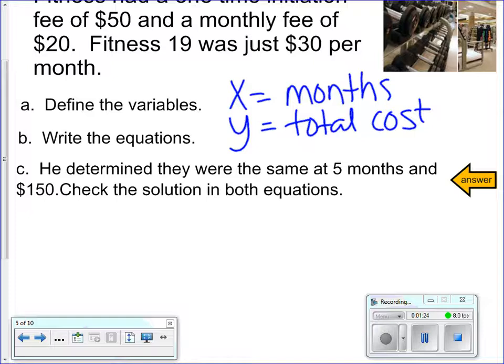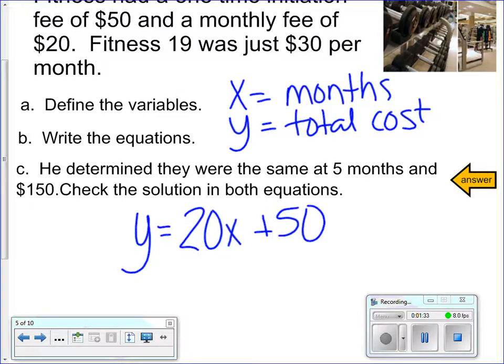For the first equation, Lifetime Fitness, the total cost is 20 times the months plus that $50 fee. Fitness 19 is just 30 times the months.